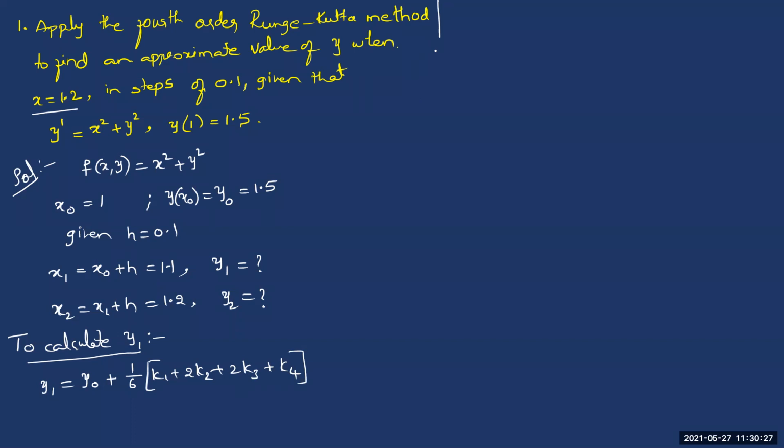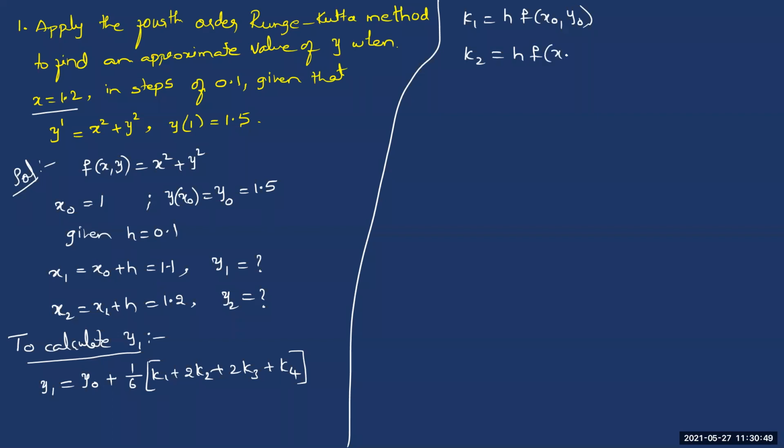And see what k1, k2, k3, k4 are here. k1 is equal to h into f of x0 comma y0. I'm writing the formula once clearly so that we can use it later on. k2 is h into f of x0 plus h by 2 comma y0 plus k1 by 2.